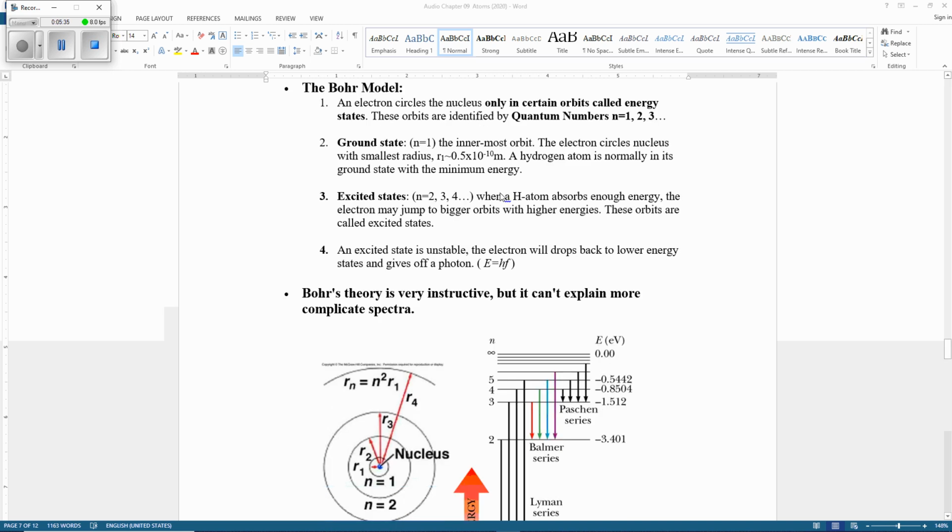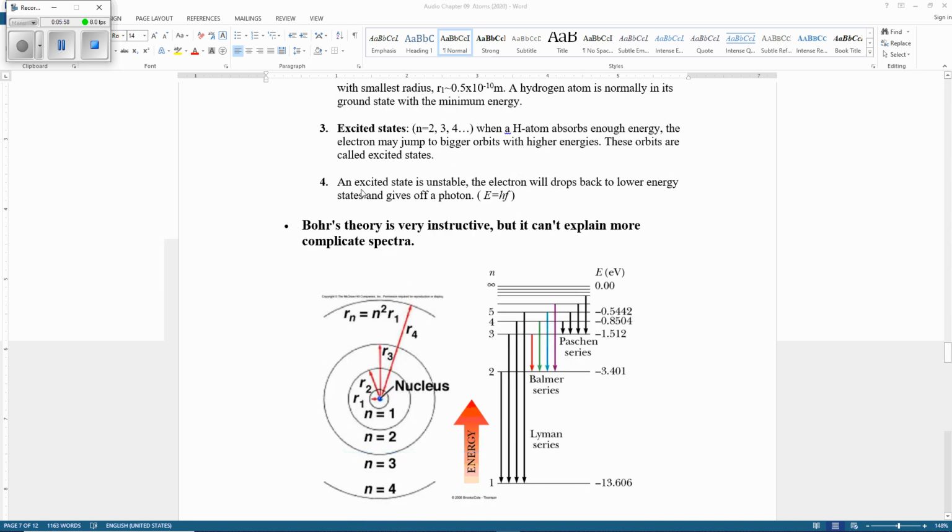Now, when the atom receives energy, absorbs energy, like electric energy, then the electron can jump to a higher energy state. N equals 2, 3, 4, we call excited states. The first one we call the ground state. But those excited states are unstable. The electron cannot stay there for long.